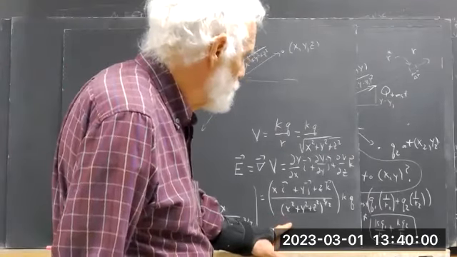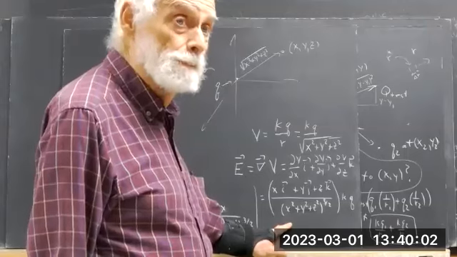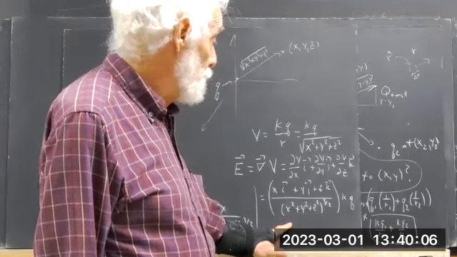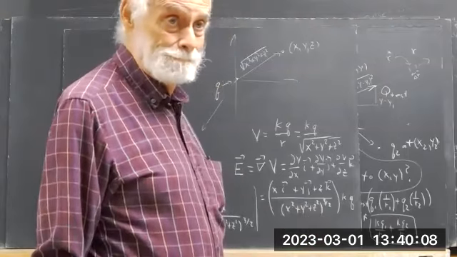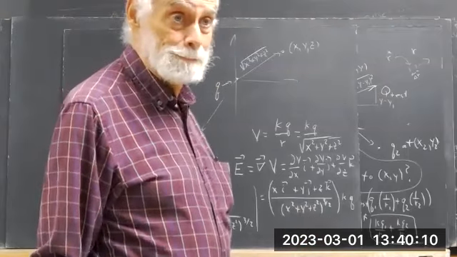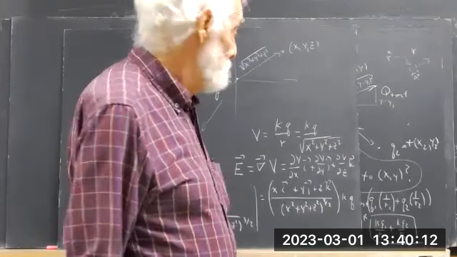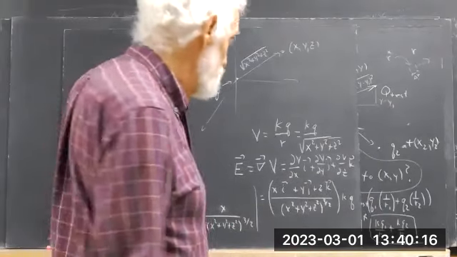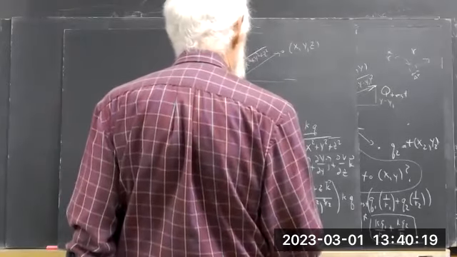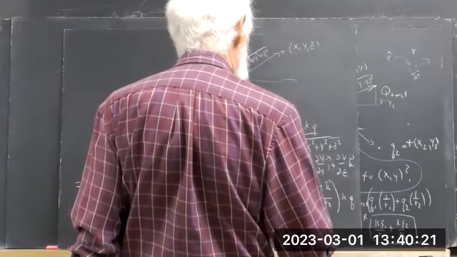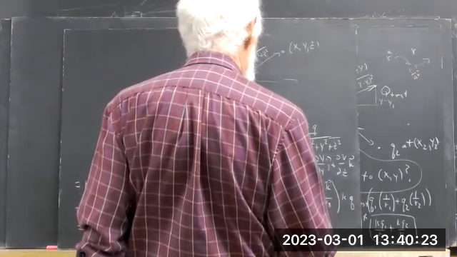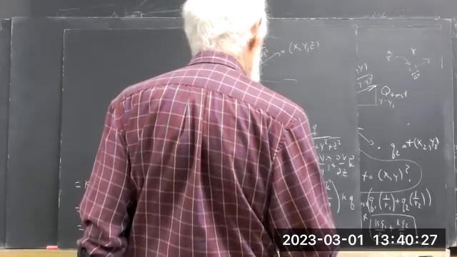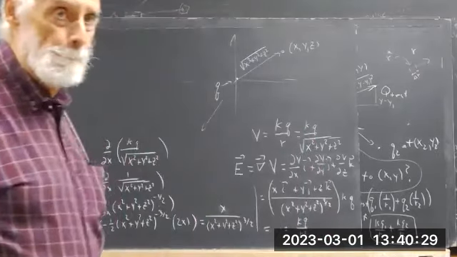X squared plus Y squared plus Z squared is R squared, isn't it? That's R squared to the 3/2, that's R cubed. Okay. The magnitude of this is R. So that's equal, and you probably have to work that out at some point on the board. kQ over R squared.